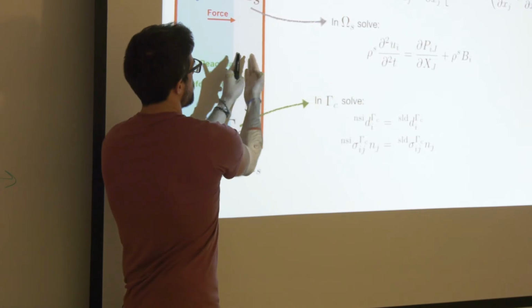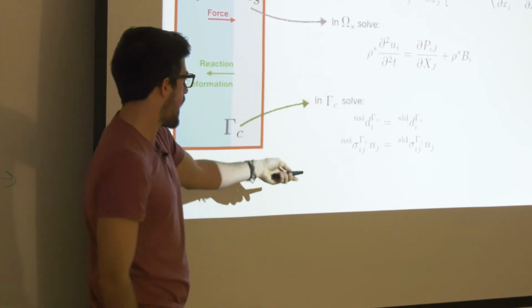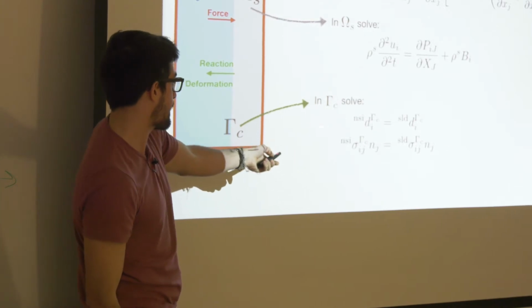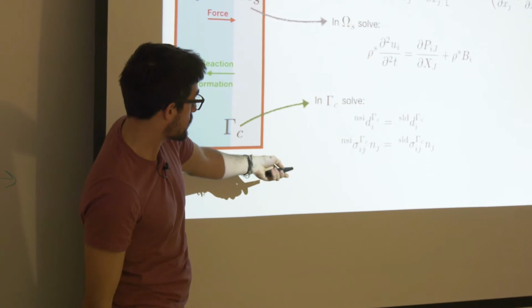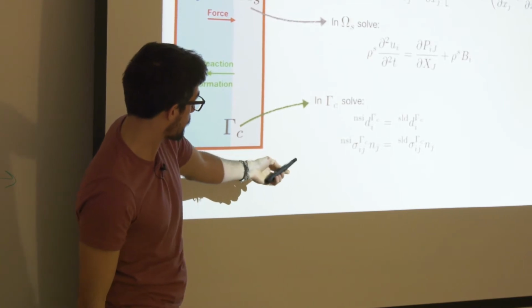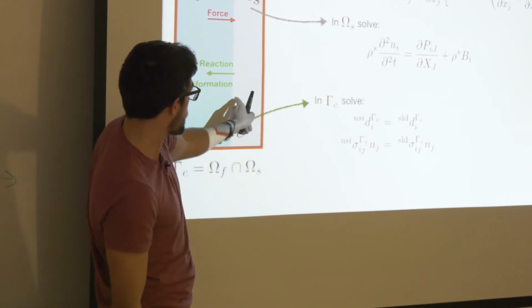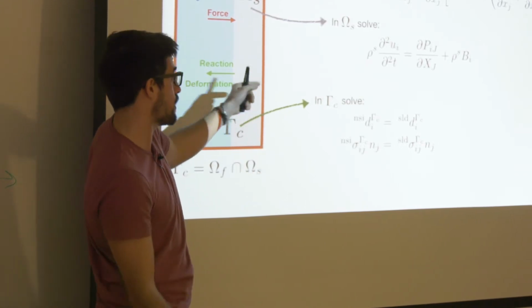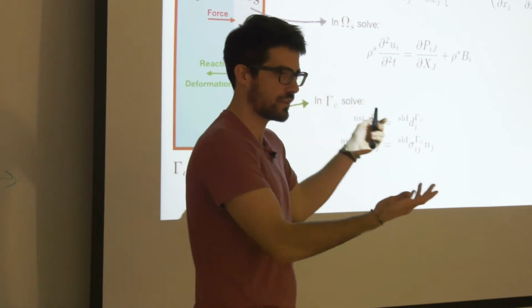What you're doing there is imposing continuity of displacements. That's the technical word. And here what you're saying is that if there is a force in this direction done by the fluid, it should be the same force done by the solid. So there should be a continuity of forces there too. So that's logical.